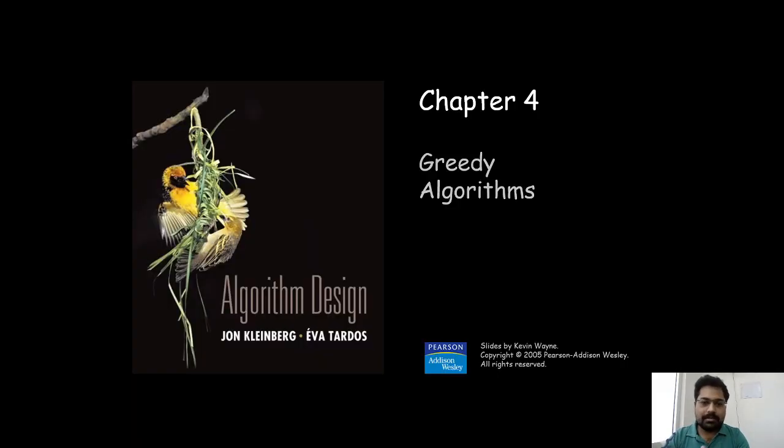Before starting it, I should tell where I collect the information. This is a book which I told you about during the detailed video session. This algorithm book is quite well known, written by Jon Kleinberg and Éva Tardos. I told you that detailed video lectures will be based on the book, so we'll focus on the book contents.